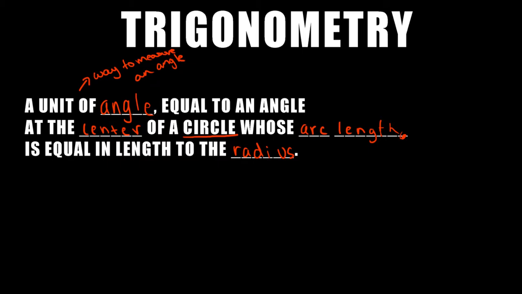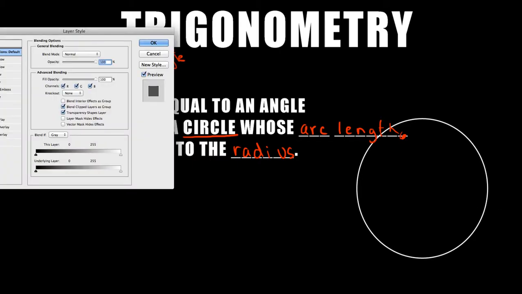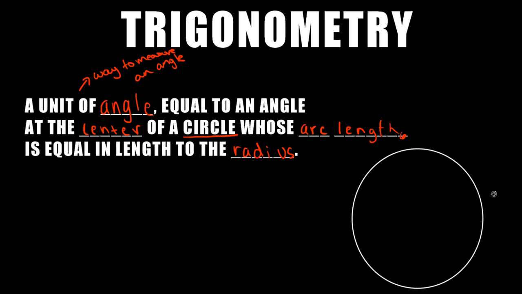Okay, so let's get ourselves a circle. Okay, so we have a circle here, and we know that every circle has a center, right? And so the radius is this line that extends from the center to any given point on the circle. So this is your radius. I'm just going to call it r.